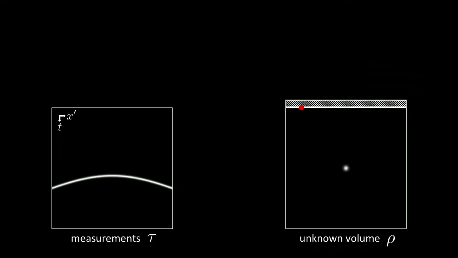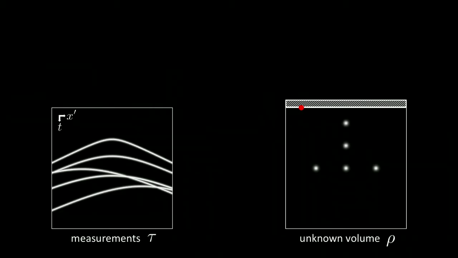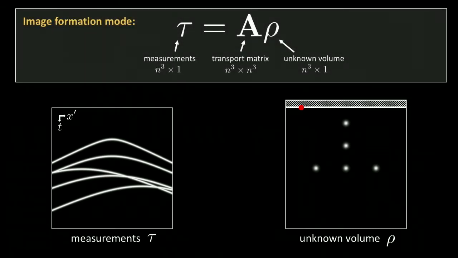The important part is that there's a streak that corresponds to a scatterer within the hidden volume. And if you have a bunch of different scatterers, you get a bunch of different streaks. And it's a linear superposition, which means that there's basically a linear system that describes a relationship between an unknown volume and the measurements that are captured with a system like this.